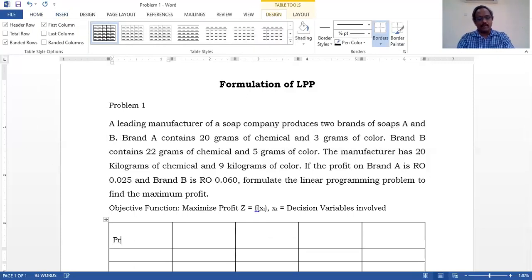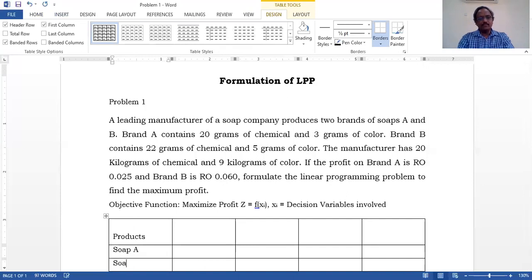They have given the product. We are having two products, one is soap A and one is soap B. Here they have given the composition or the requirement. They have given the chemical and they have given the color.